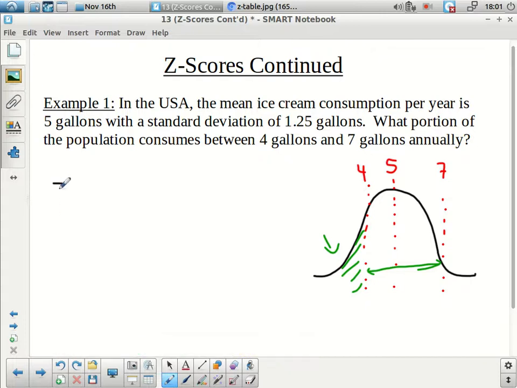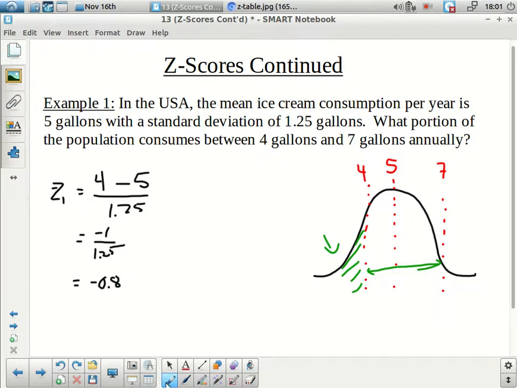So my first Z score, I'll call that Z1, is going to start with the 4 gallon one. So I have 4 minus 5 over the standard deviation, which is 1¼. So that is -1 over 1¼, that's -0.8.